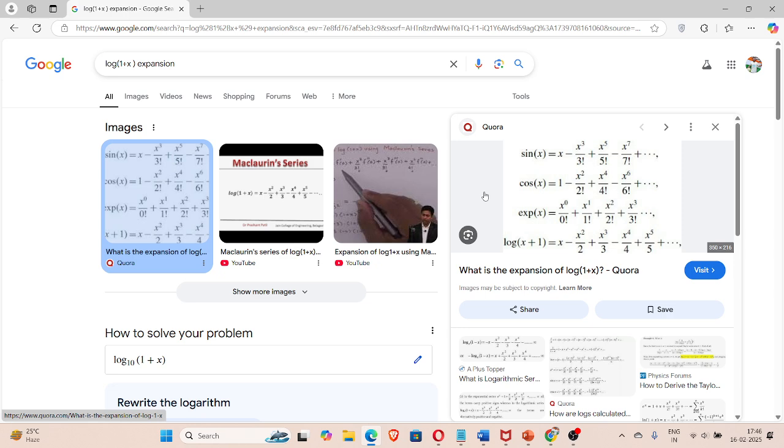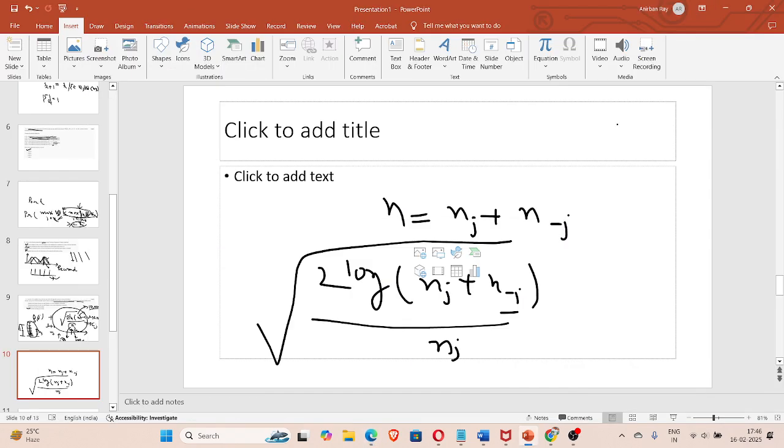So this is the expression for the expansion.